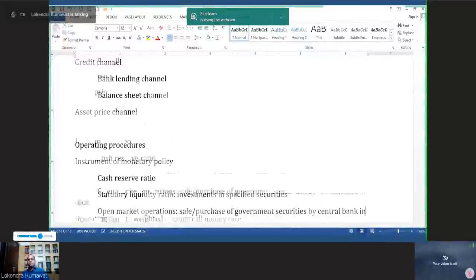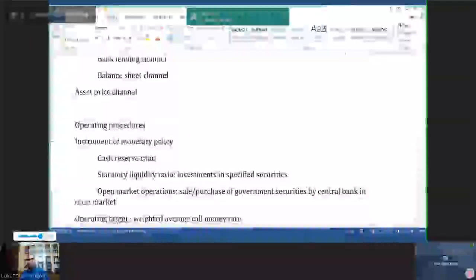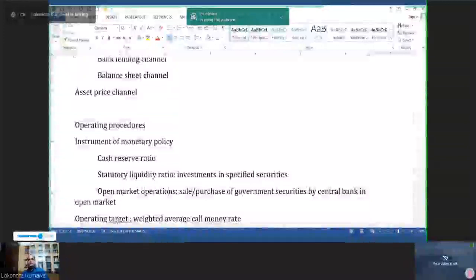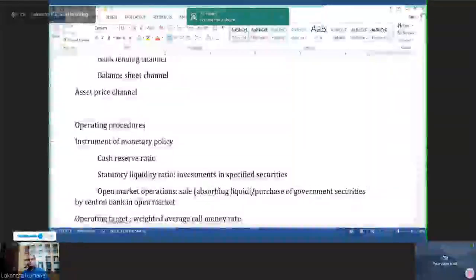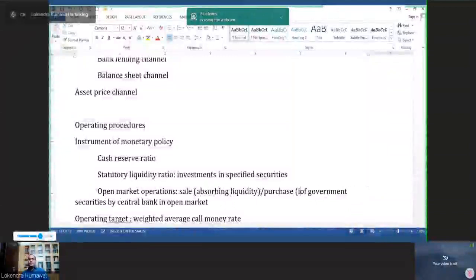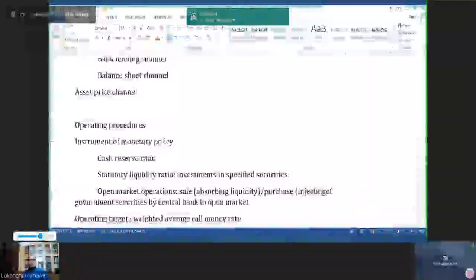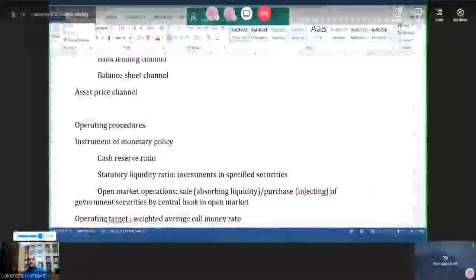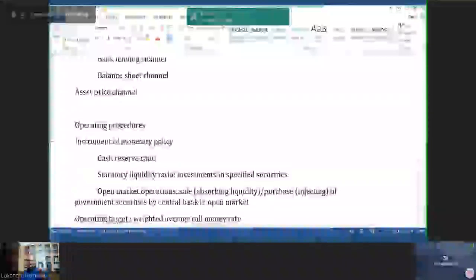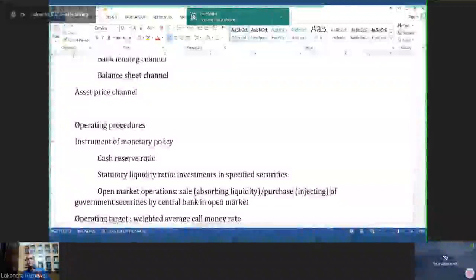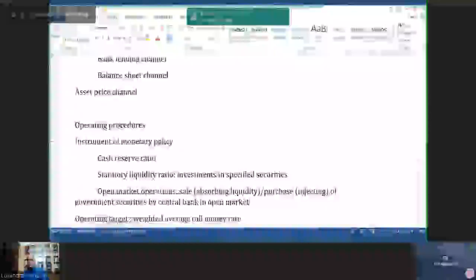When the central bank is selling securities in the open market, it is absorbing liquidity. If it is purchasing securities, it is injecting liquidity, because if you are purchasing securities, then obviously you are giving central bank money in return, no? The advantage of open market operations over cash reserve ratio is that only those banks will participate in this purchase or sale who need to, not everyone.